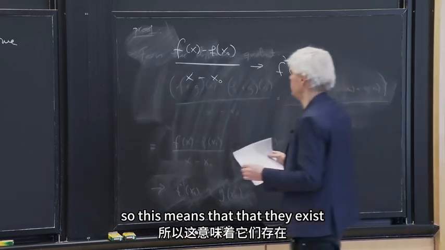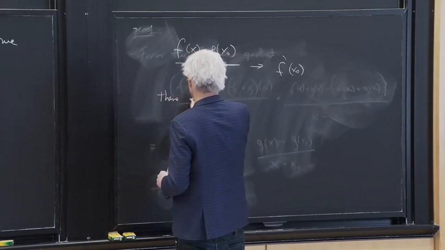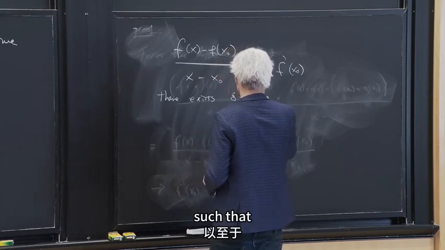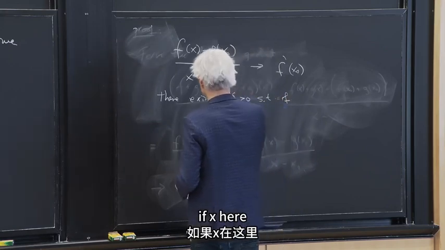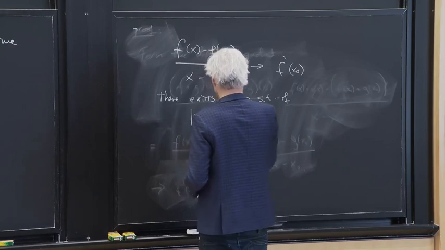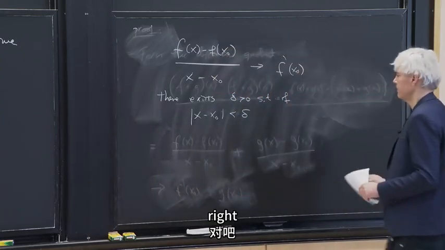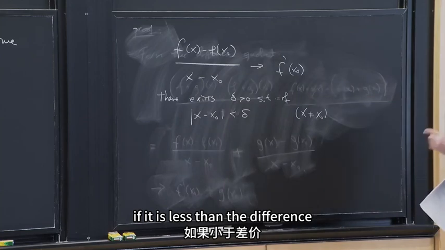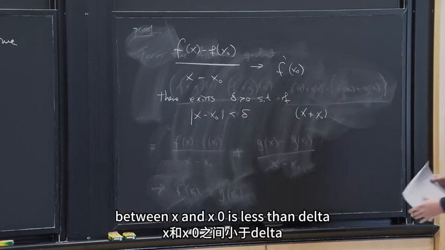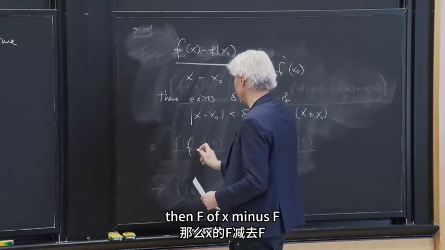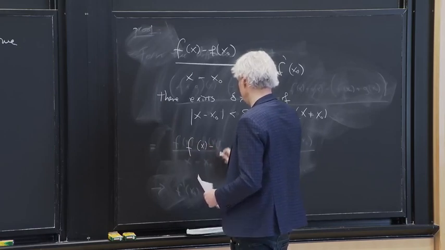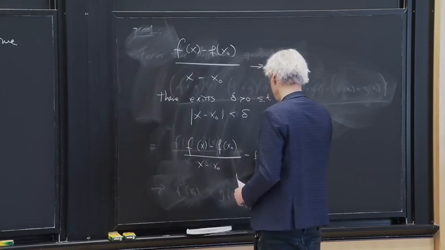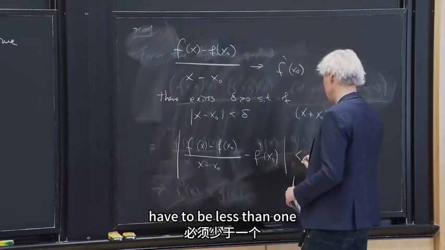So this means that there exists delta greater than 0 such that if the absolute value of x minus x0 is less than delta, of course assuming that x is not equal to x0, then this difference quotient, f of x minus f of x0 over x minus x0, minus f prime of x0, has to be less than 1.